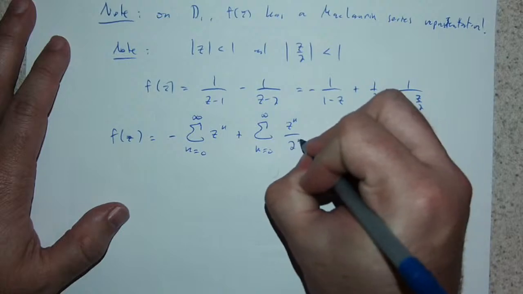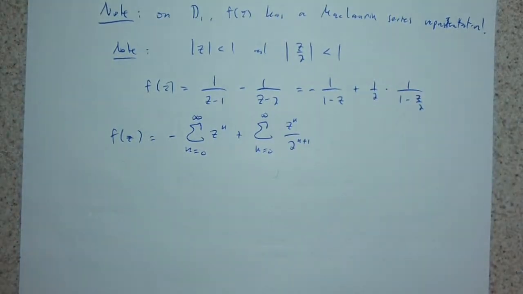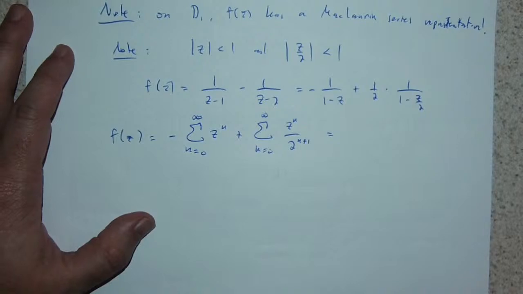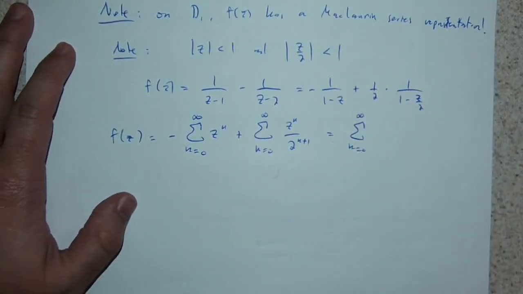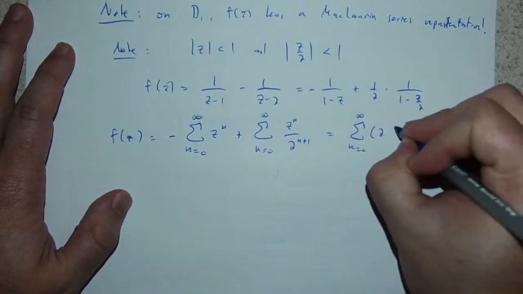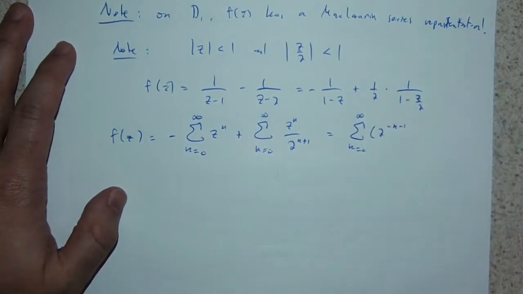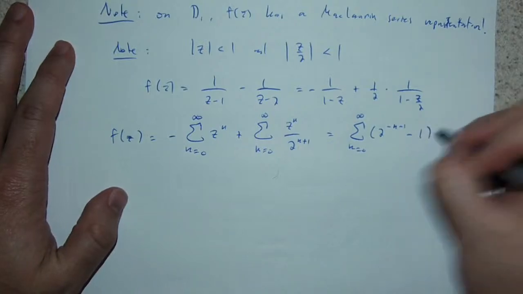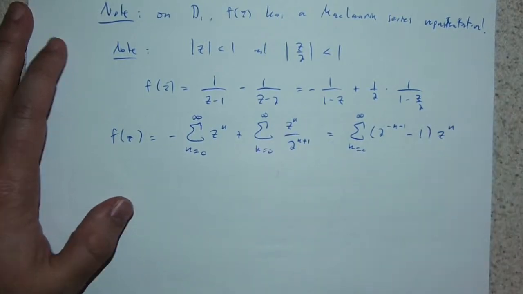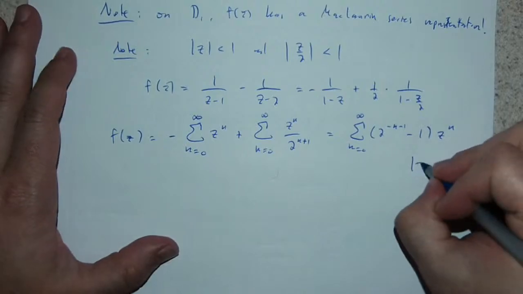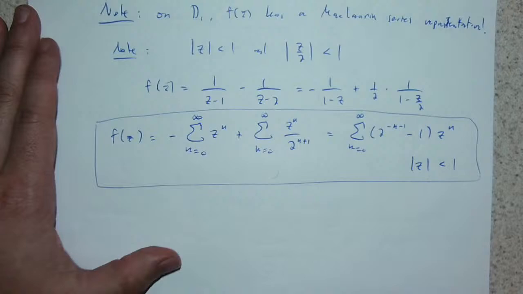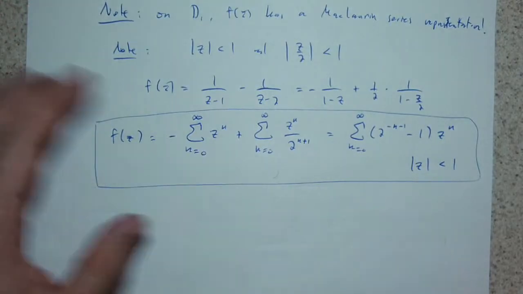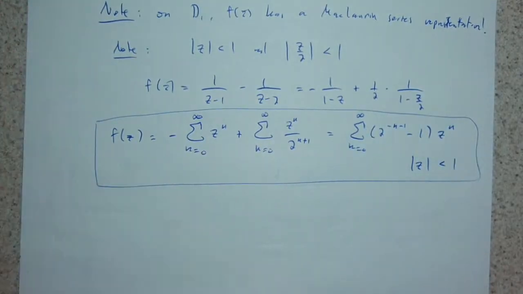So this is over 2 to the n plus 1. Okay, and so rewriting this slightly, this is the sum from n equals 0 to infinity of 2 to the minus n minus 1, minus 1, times z to the n, combining those. And this is valid for modulus of z strictly less than 1. So we have found on D1 a Maclaurin series expansion. There it is. That is a Taylor series expansion about 0.